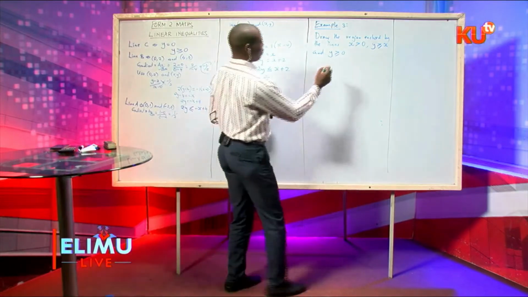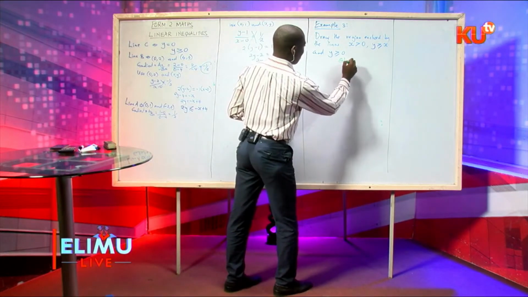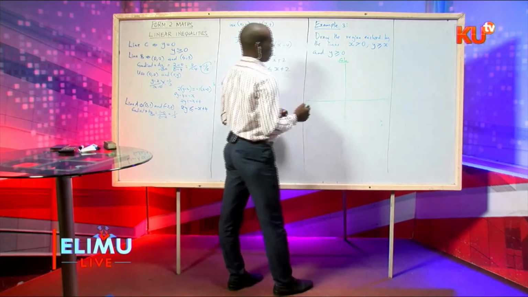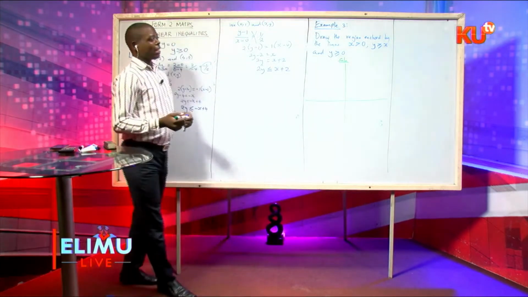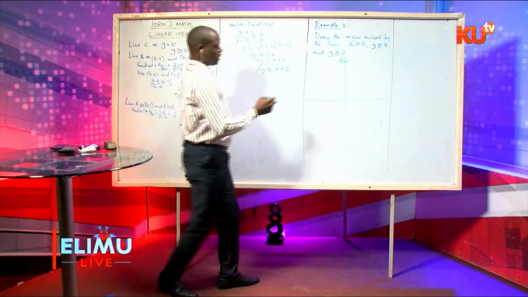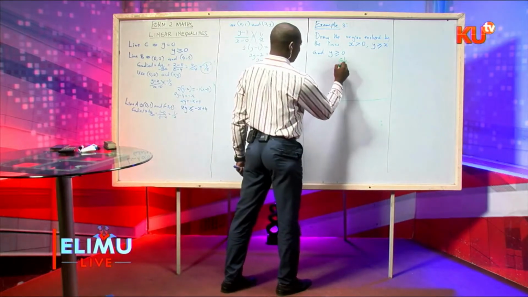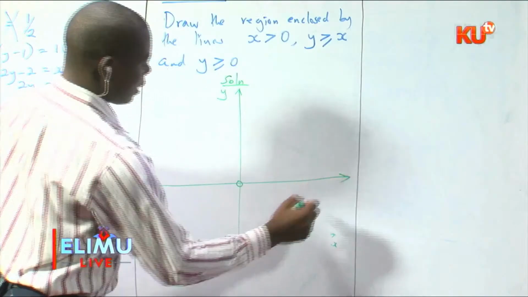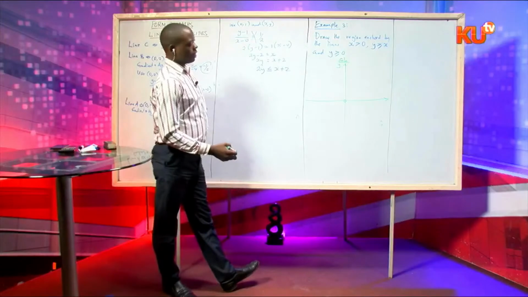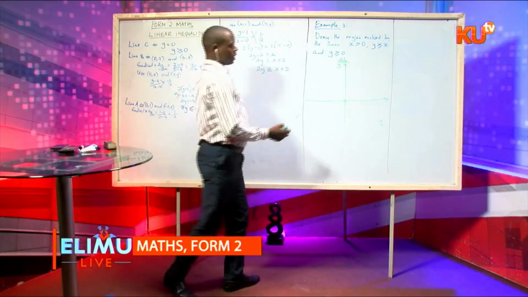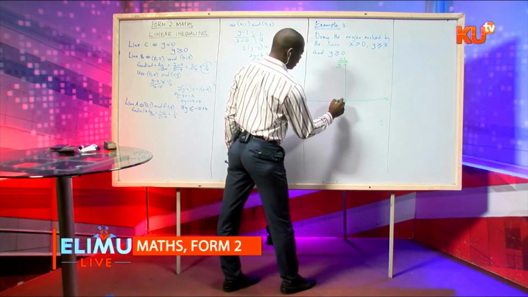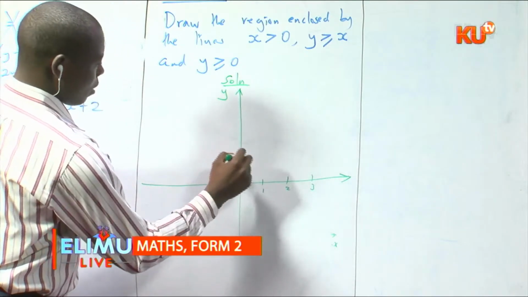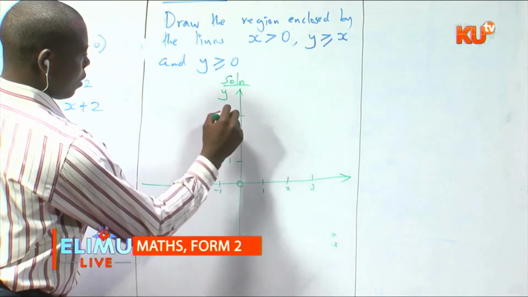When you draw this, what you need to know is these are general straight lines. We have the line x greater than 0, that is the y-axis, and this is the x-axis.